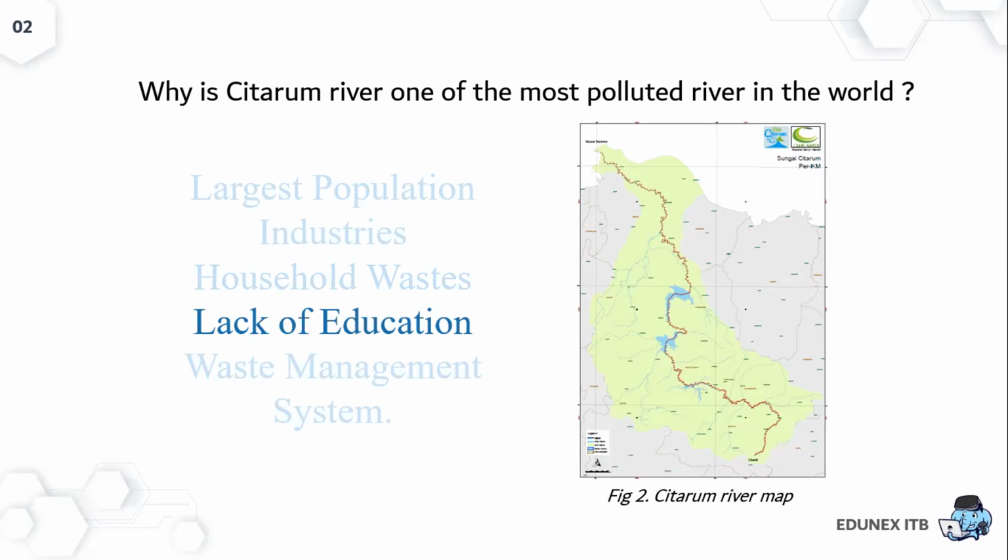This reason may be a little controversial, but it cannot be denied that low education makes residents who live near the river not realize how dangerous it is to pollute the river. And the last reason is a bad waste management system, where the government is reluctant to take care of household waste and industrial waste disposal near the river. So how do we solve these problems?